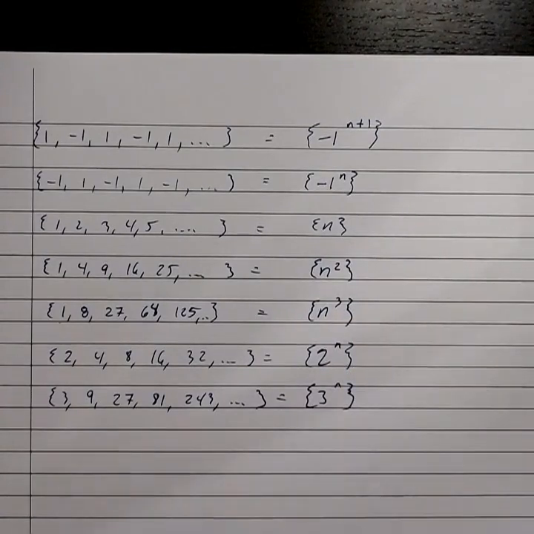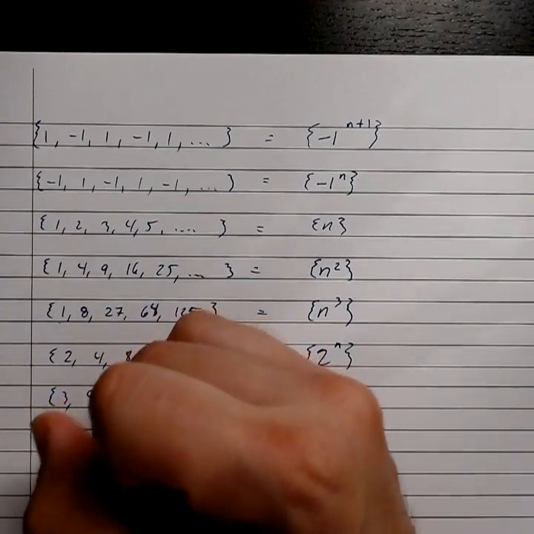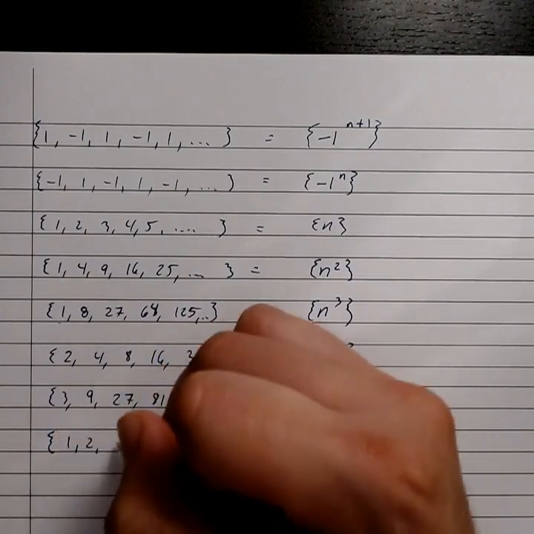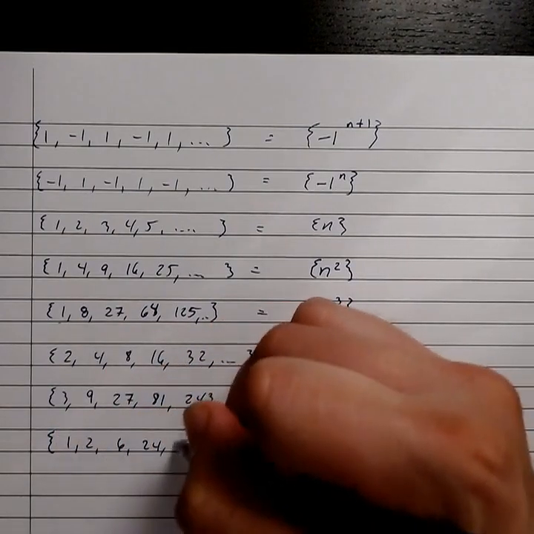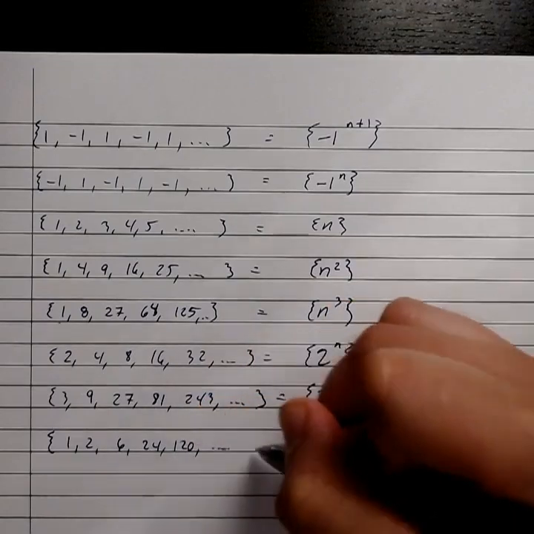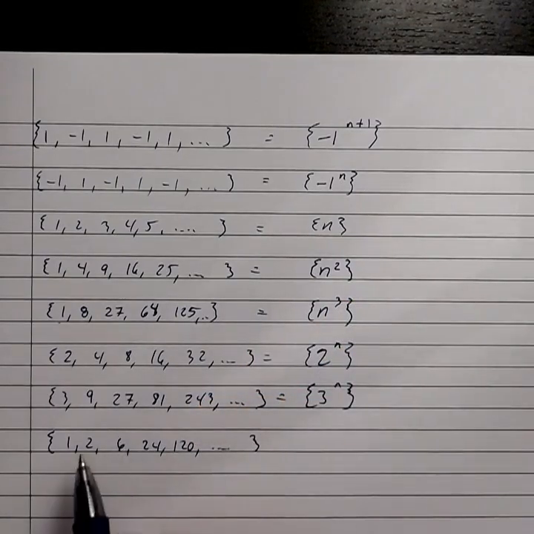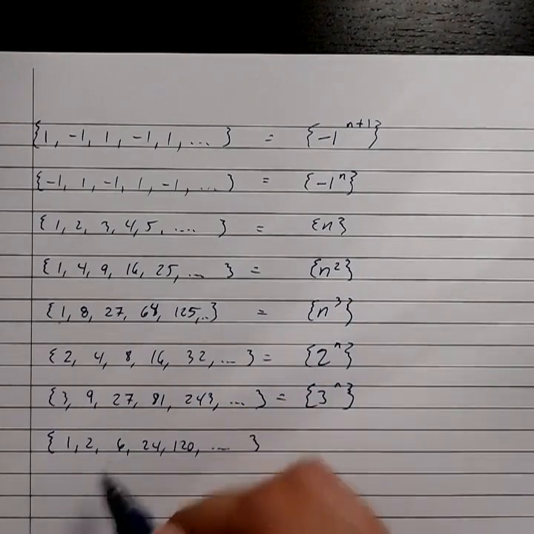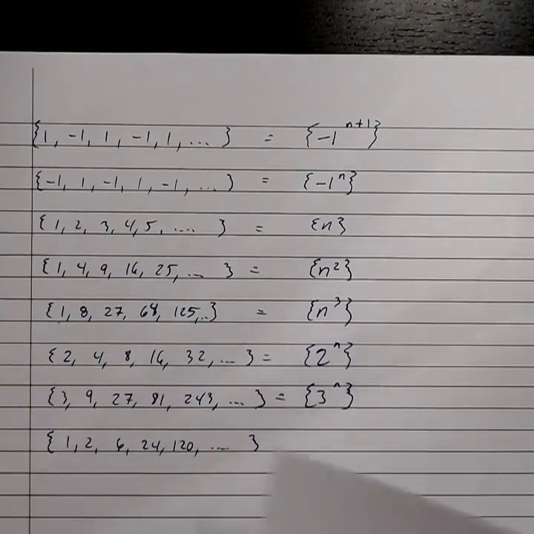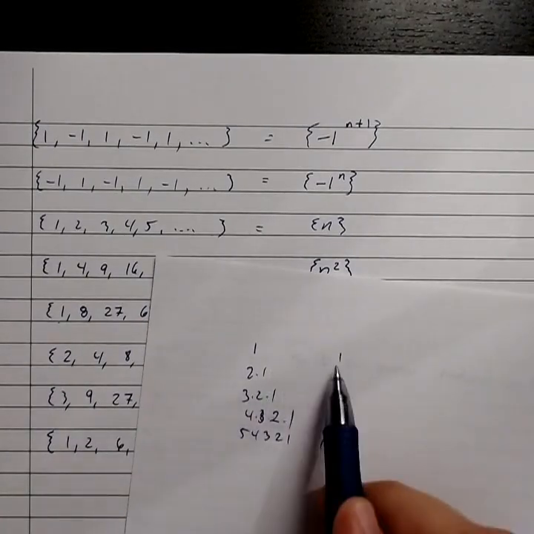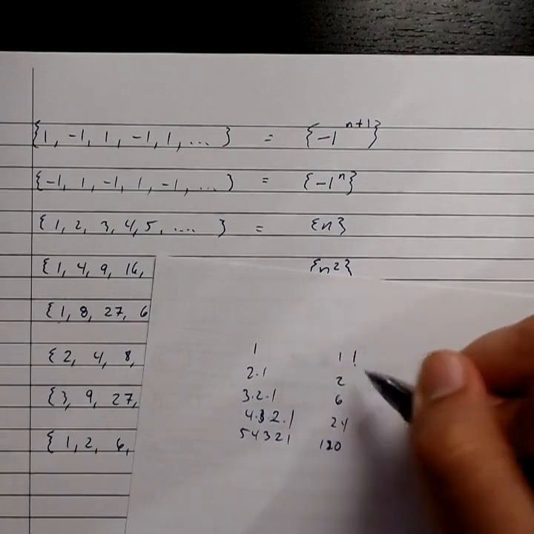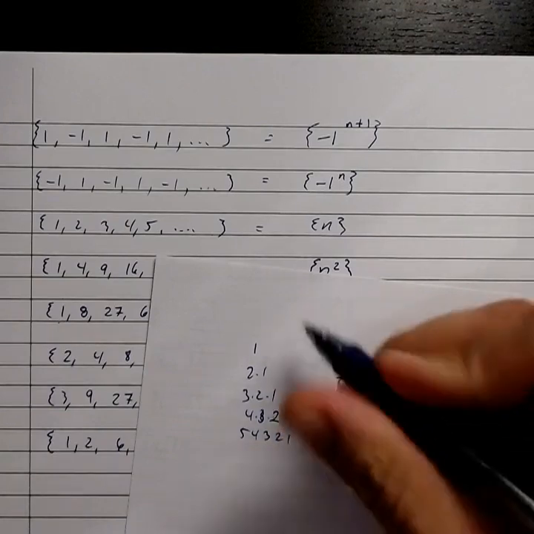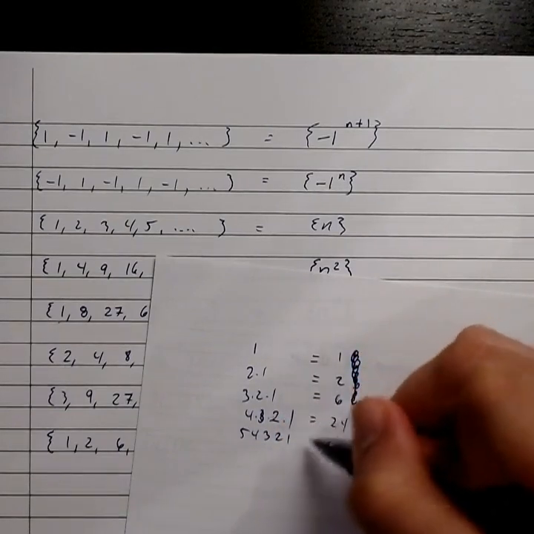Now those might seem a little obvious. The next one is one that you probably don't see very often. 1, 2, 6, 24, 120, and so forth and so on. These are the factorials. 1 factorial is 1, 2 factorial is 2, 3 factorial is 6. Remember how factorials work? They are just the products of the numbers starting from that digit down to the number 1.